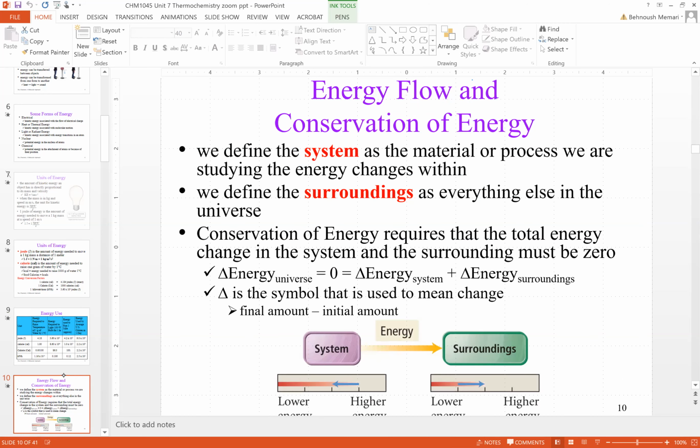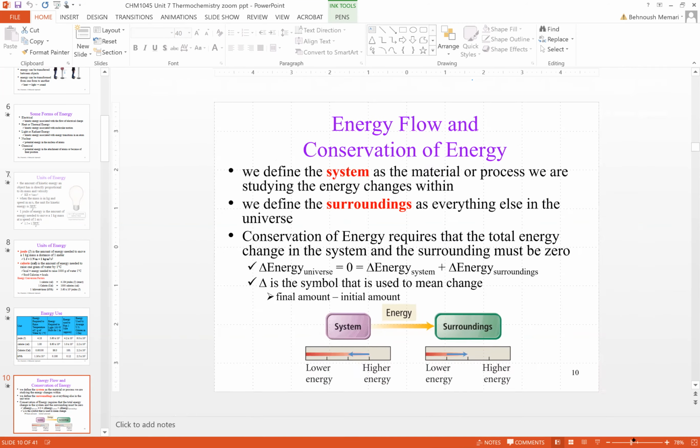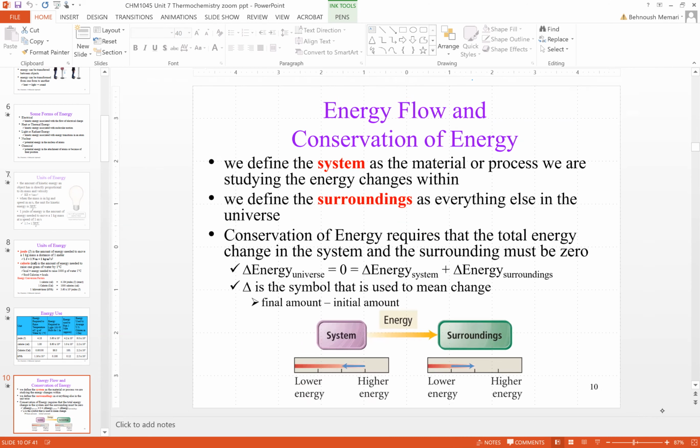When you're dealing with energy, you have to make sure that you specify your area of study, the system versus the surroundings. The system is defined as the material being studied for the energy change within. So if you are studying the change in energy inside this area, or the material that is in this container, you would talk about the system.